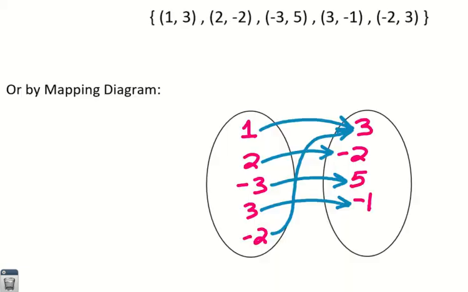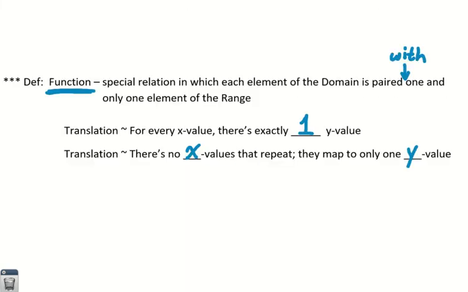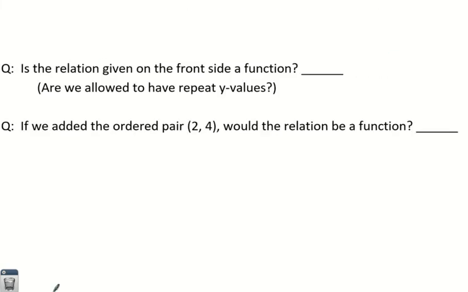So are we allowed to have repeat y values? And that answer is actually yes. The deciding factor here was, are there any repeat x values? Because if something's going to be a function, it can't have any repeat x values. I know that seems like a double standard, but it is a function because there's no repeat x values.